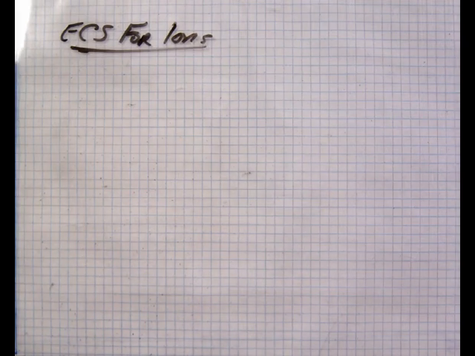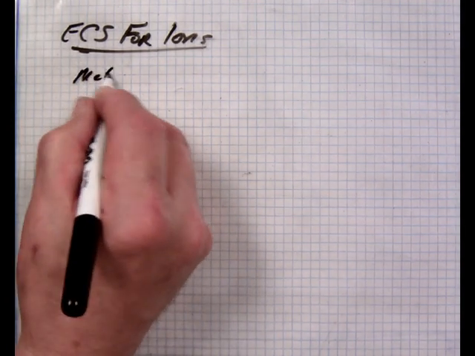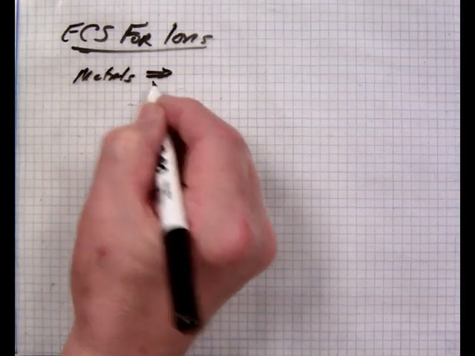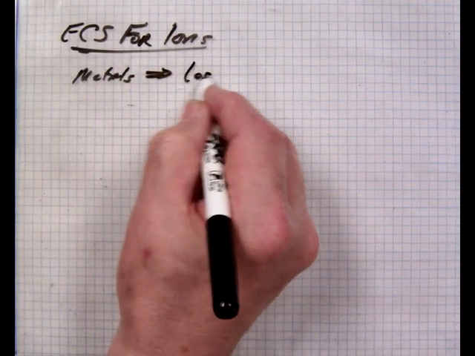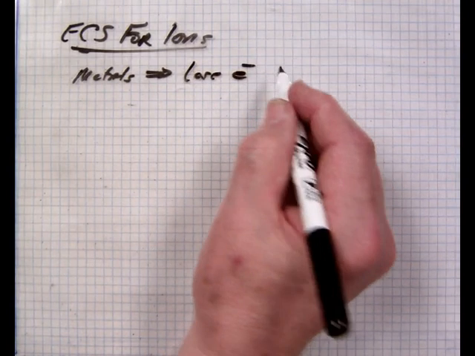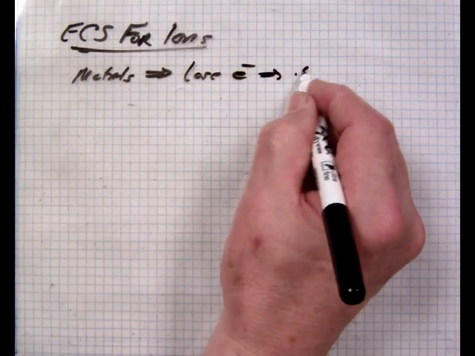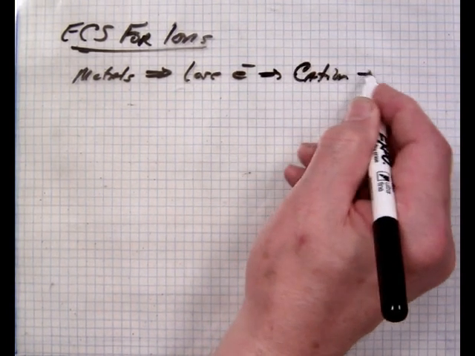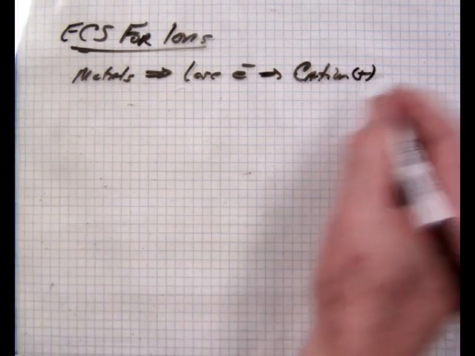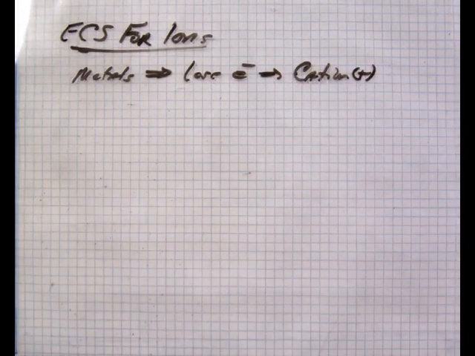Okay. Now, in the periodic table, metals versus non-metals. I'm going to keep it general in what I'm about to do. Metals, in general, tend to lose electrons, and they form a cation, plus, and the configuration is the previous row's noble gas.